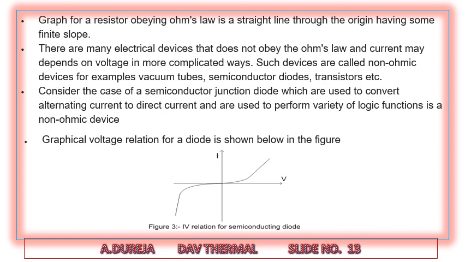But there are many electric devices which don't obey Ohm's law, and such devices are called non-ohmic devices. Examples are semiconductor diodes, transistors, etc., which we will study later on. The graph shown here is the voltage-current characteristic of a semiconductor diode, and you can see that the graph is not linear.